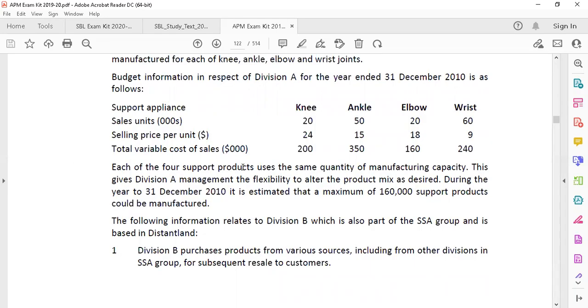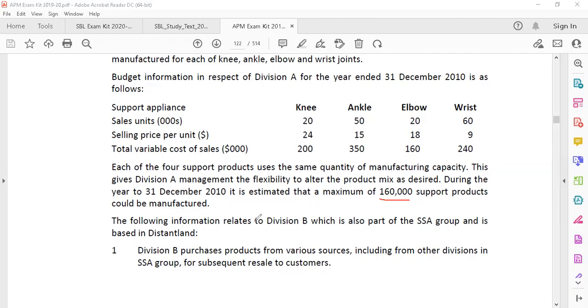Each of the 4 support products uses the same quantity of manufacturing capacity. This gives Division A management the flexibility to alter the product mix as desired. During the year to 31st December 2010, it is estimated that a maximum of 160,000 support products can be manufactured. So the total capacity available is 160,000 units.